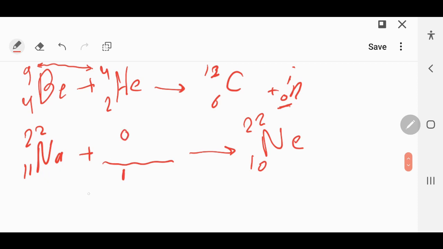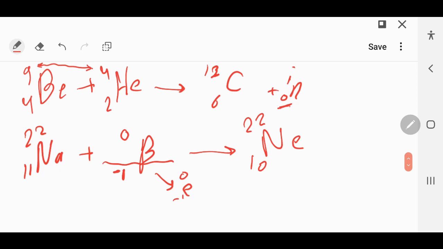Now, here we are talking about minus, so we are talking about beta particles, or electron -1, 0. Okay, I hope you get it and you know how to solve the equation by balancing it, making the equation balanced in both atomic mass and atomic number.